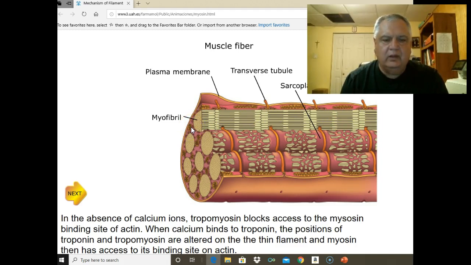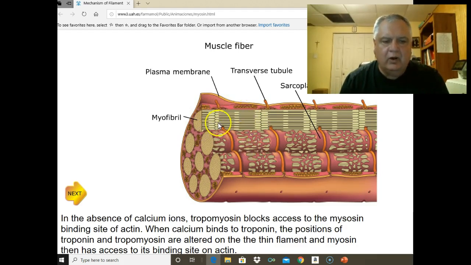And within the myofibrils, there are myofilaments. We can see alternating thick myofilaments called myosin and thin myofilaments called actin. These myofilaments make up the sarcomere that runs from Z line to Z line. So this is showing Z line to Z line here.